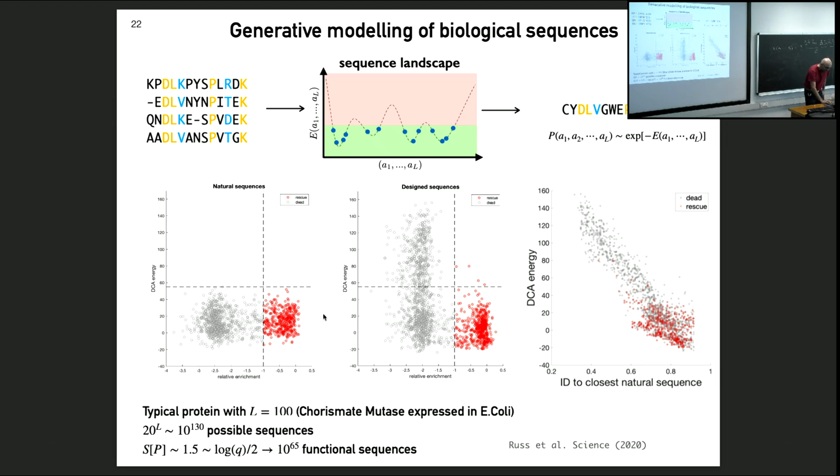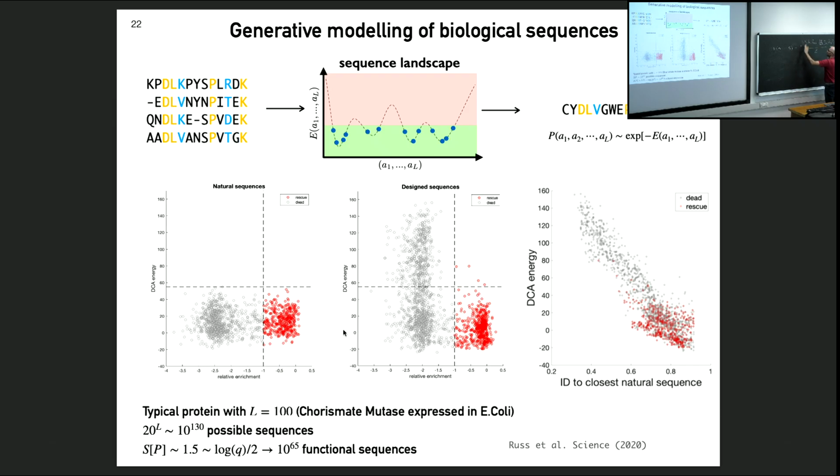Now, what they did here was to sample new sequences from this probability. When you sample, you can change the temperature. You can put a temperature here in front. And in this way, as usual in statistical physics, you can change the energy, okay?